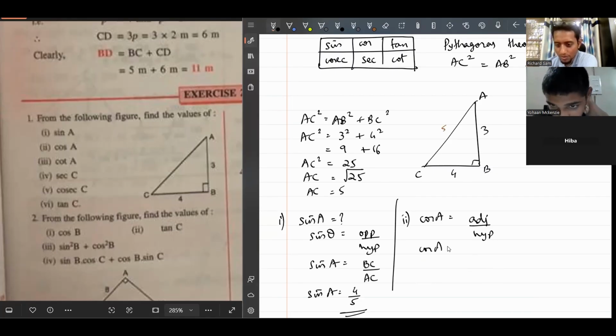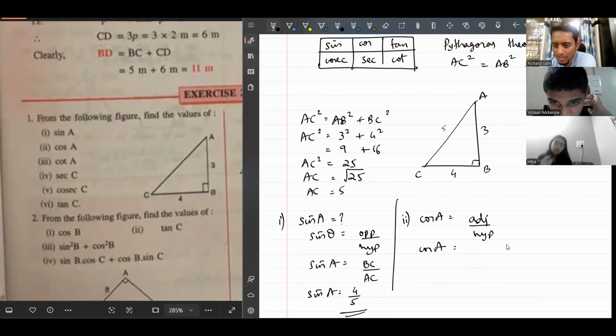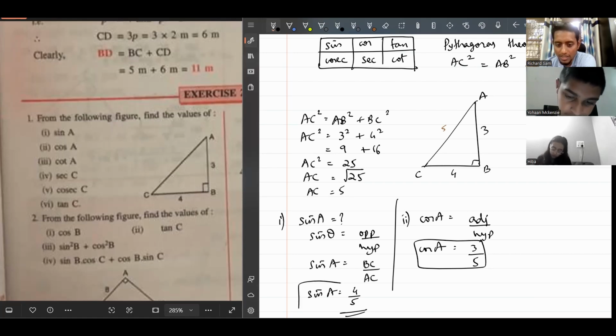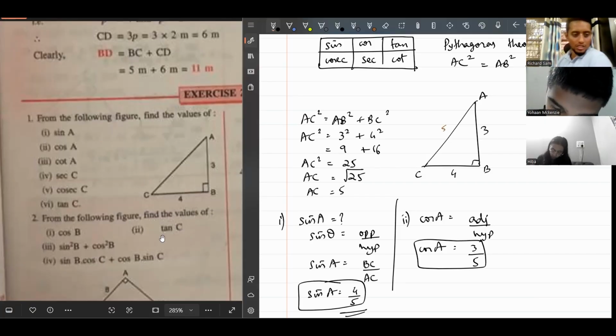So cos A is equal to, what is adjacent here? Johan, tell me. Adjacent to A, because it's cos A, is 3. 3 upon hypotenuse, which is 5. Like that you can do all of them. You got it? Write down, solve all of them.